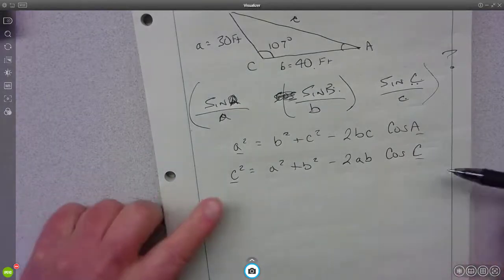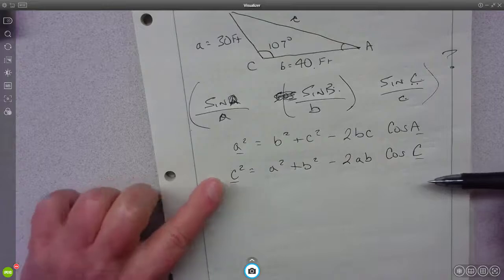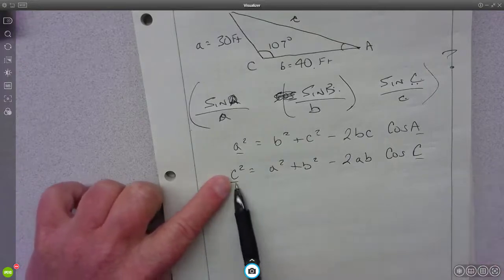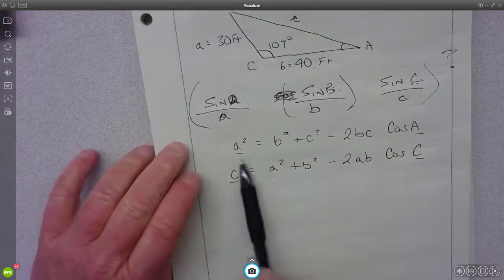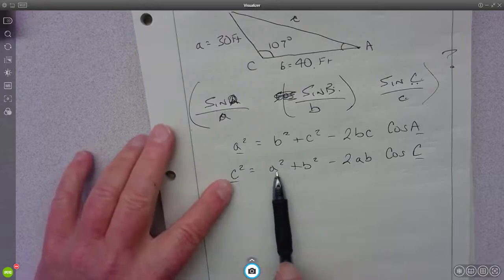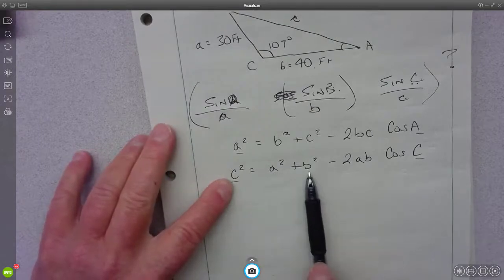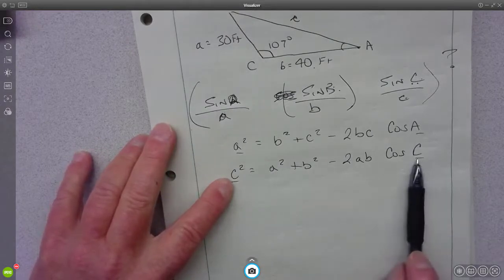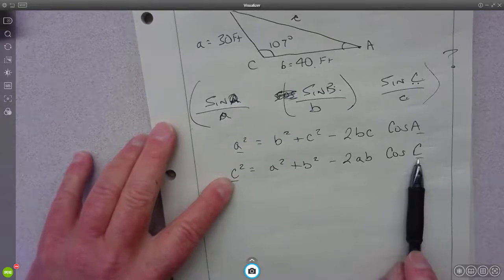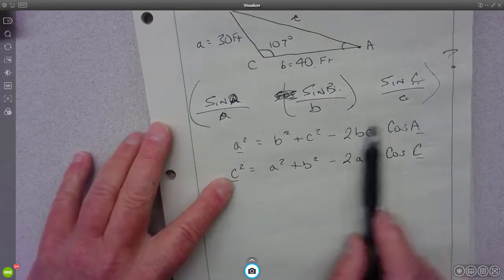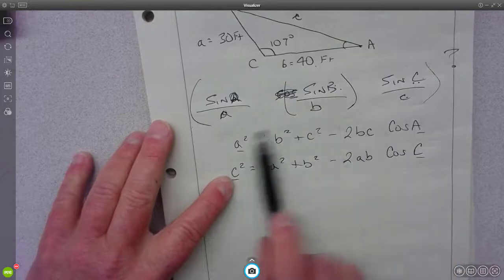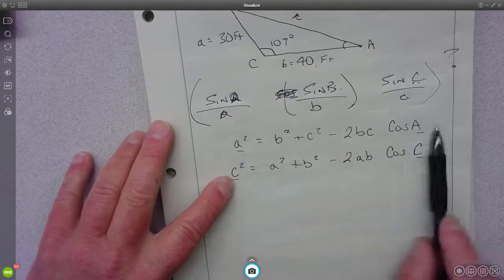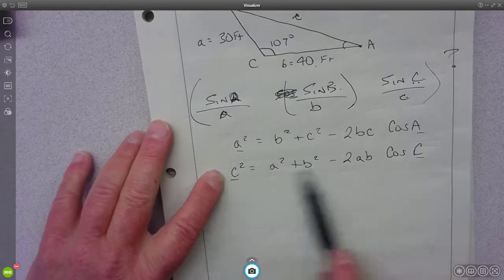So if I look at this, I don't know C, but maybe I can find that. Do I know A? Yes. Do I know B? Yes. And do I know the angle C? Yes. So not every form of the cosine law, like this one wasn't going to work. This one does.